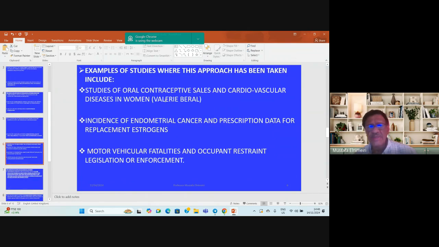Here we have some examples of correlational or ecological studies that have been taken as examples or models.